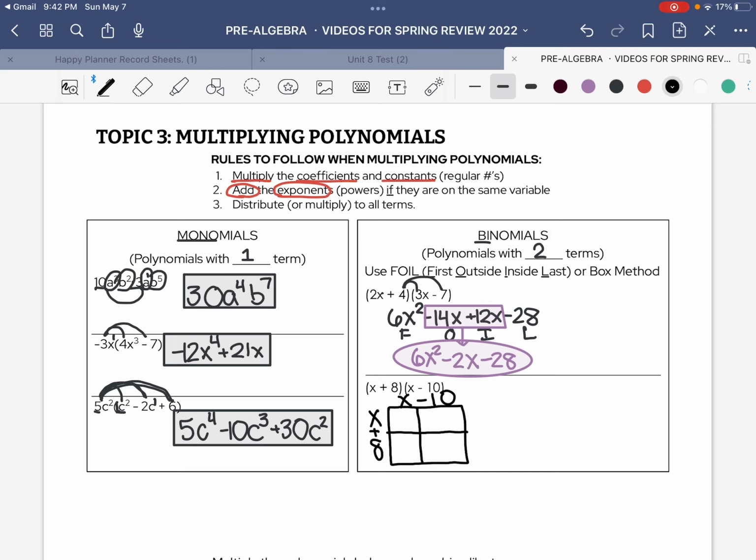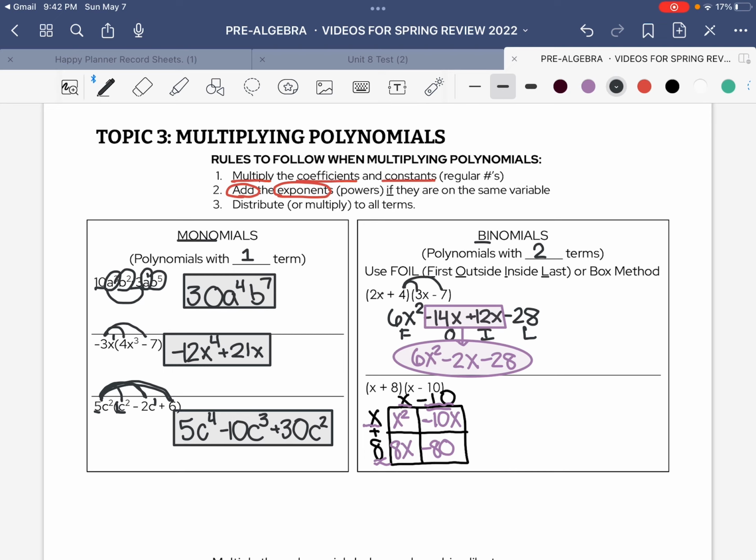And you're still going to do the same math we were doing up above, like x times x is x squared, and x times negative 10 is negative 10x, and then x times 8 is 8x, and 8 times negative 10 is negative 80.